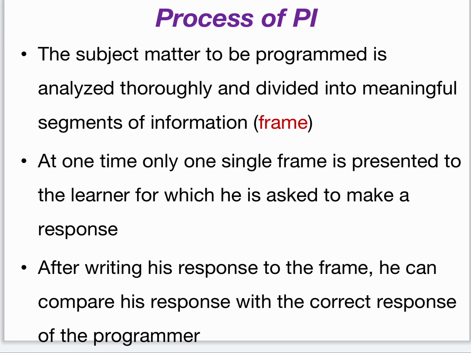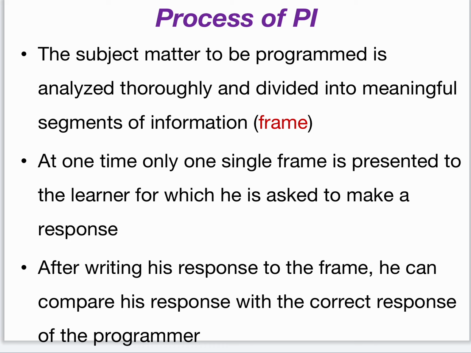Now let's see the process of programmed instruction. The different processes are: the subject matter to be programmed is analyzed thoroughly and divided into meaningful segments of information, which is known as a frame. So the entire content that is to be learned through the program will be analyzed critically.